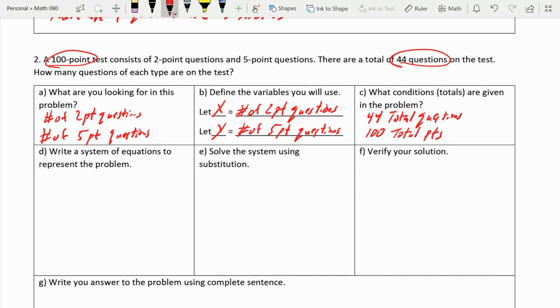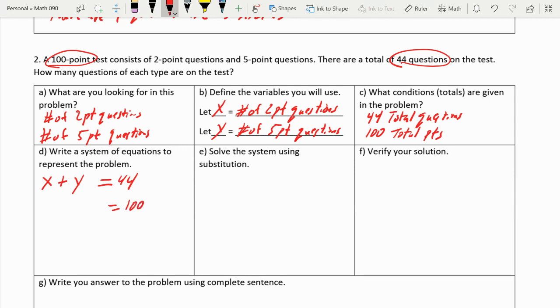When we write our equations, what equals 44? 44 total questions. A certain number of 2-point questions plus a certain number of 5-point questions equaled 44. And our other one equaled 100 points.